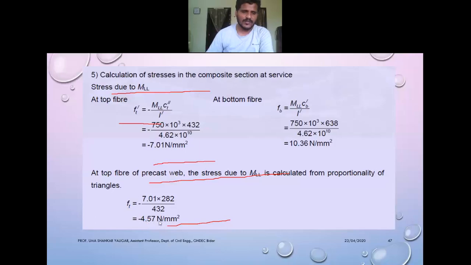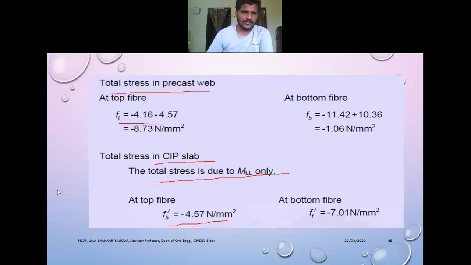It is almost minus 4.57 Newton per mm square. Better you make this correction; this is not at the top, this is at the bottom. Fp dash is minus 4.57 Newton per mm square.